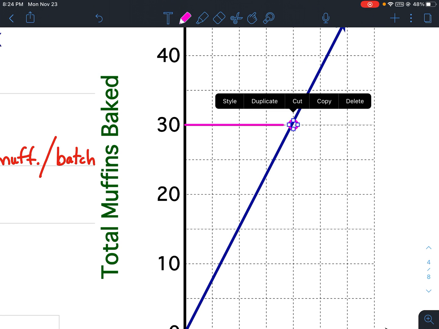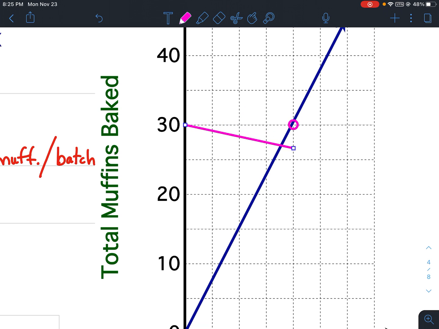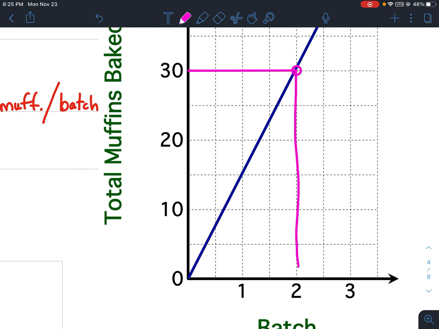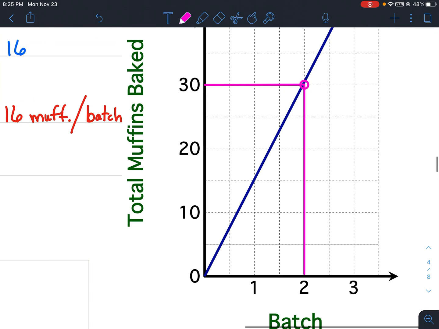Make that a little bit bigger. Okay, so that would be 30 muffins in 2 batches.